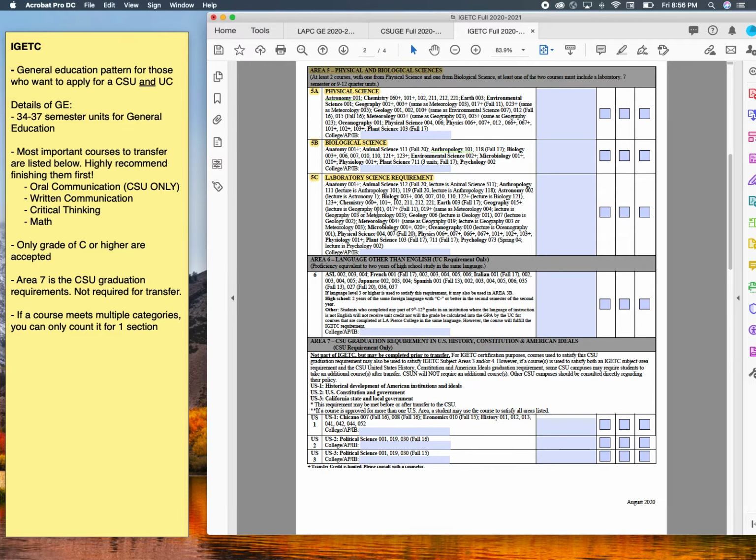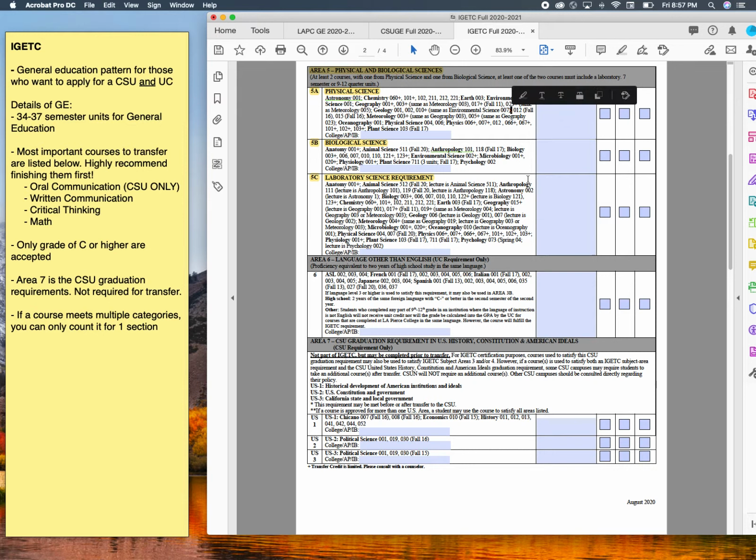You cannot just take a random lab in, for instance, geography, because it doesn't correspond to astronomy or anthropology. Okay, so I just wanted to explain that so you're aware of what it means to correspond.